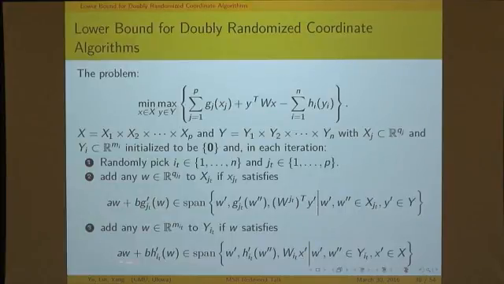And we do it both for primal and dual. This is the abstract description of this type of doubly randomized coordinate algorithm.